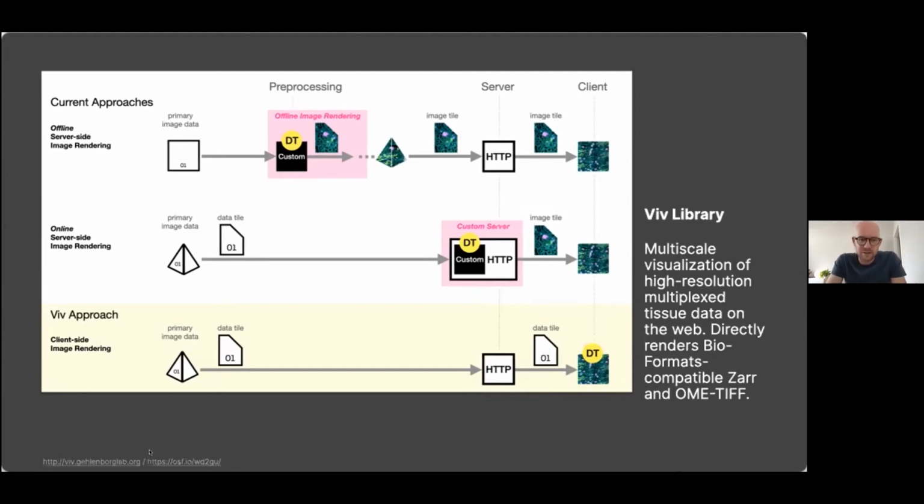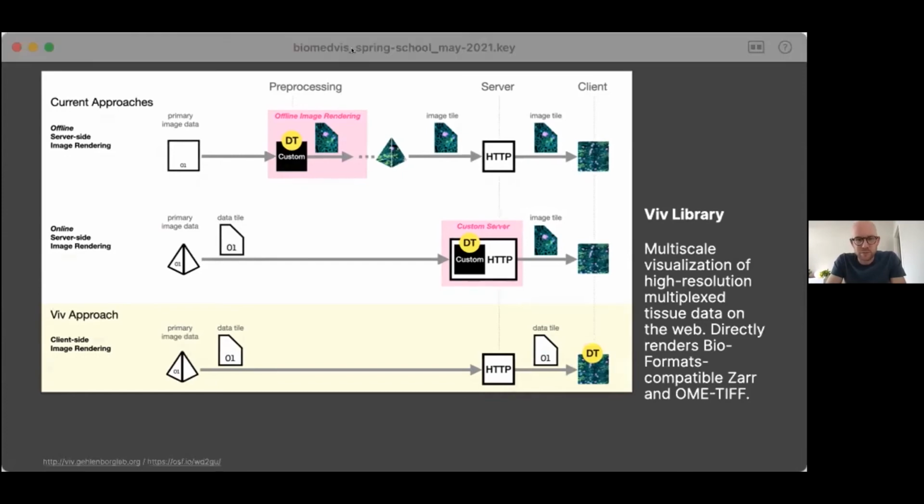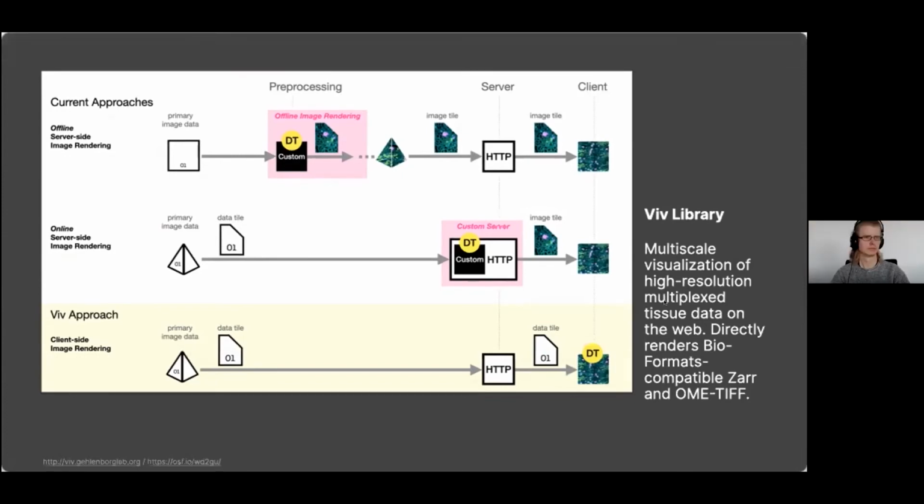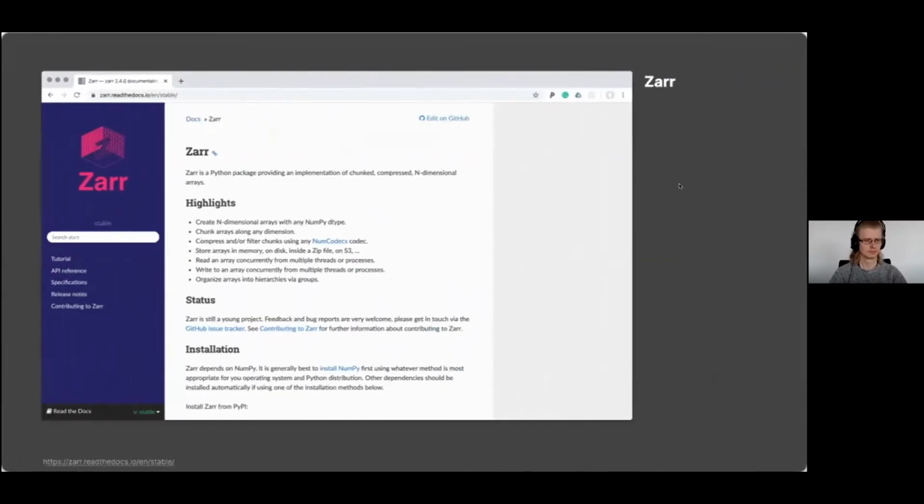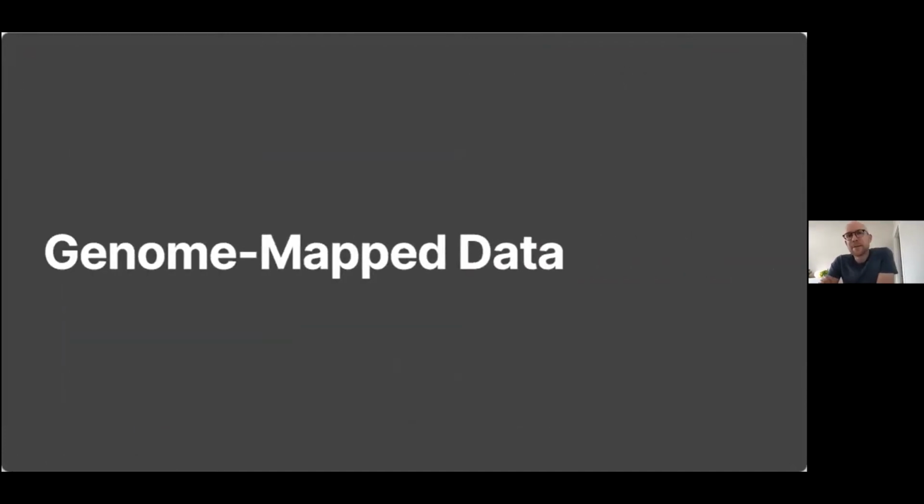This library, called Viv, has become quite popular in the community, and a lot of people have started to play around with it. Zarr, just want to point this out, is a very popular Python package to store chunked data for retrieval at different resolutions and for different aspects of a data set. That's highly recommended if you're working with large matrices, which is essentially large images.